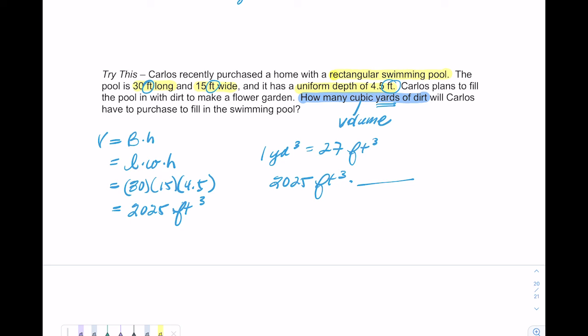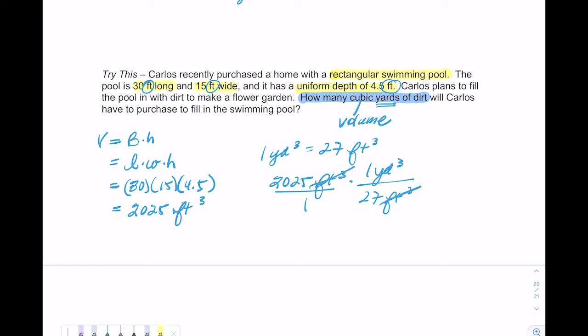So where would I have to put the 1 cubic yard? It would go on the top because, again, you want the cubic feet to cancel. So you would want cubic feet on the bottom so it's diagonal from the other cubic feet so you can cancel them out. So the cubic feet will cancel out.